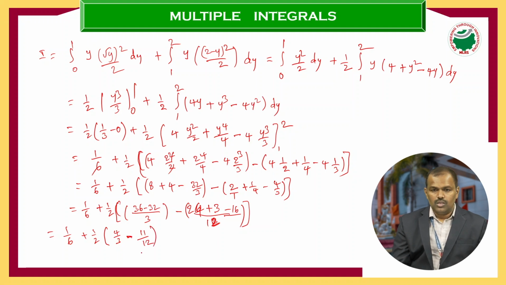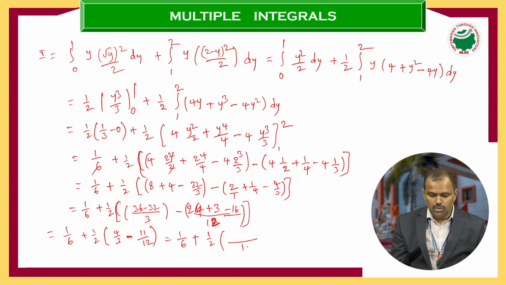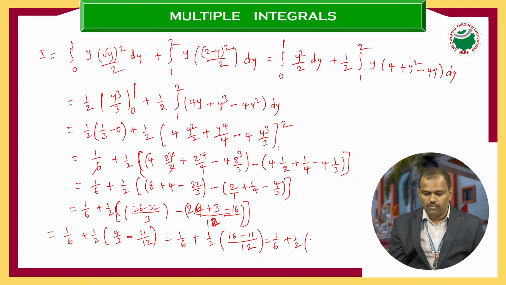So that is equal to 1 by 6 plus 1 by 2 into, it's very clear, 1 by 2 into. So here, what should I take again? LCM is 12. This is 4 times cancel, 4 4s are 16, 16 minus 11. So that is equal to 1 by 6 plus 1 by 2 into 16 minus 11, that is 5 by 12.